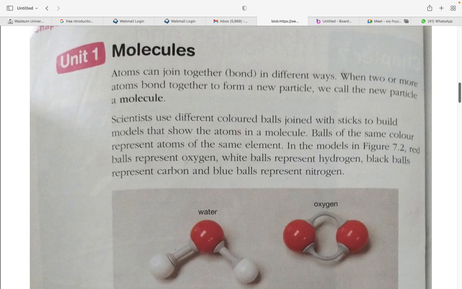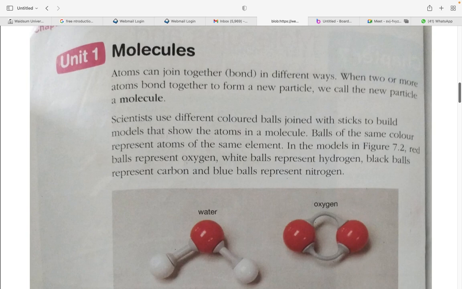Covalent bonding happens between two non-metals, and they just share whatever electrons they have in the outermost shell. So when two or more atoms bond together chemically, they will form a new particle.